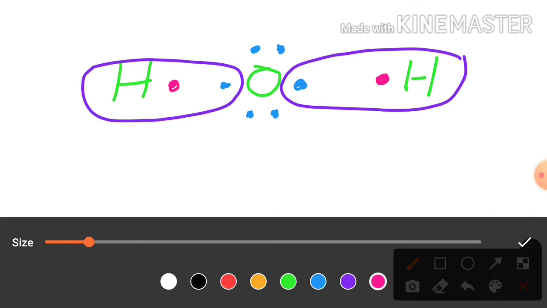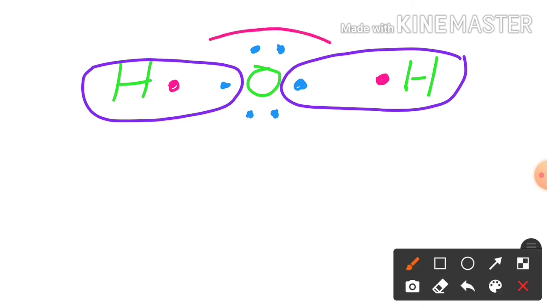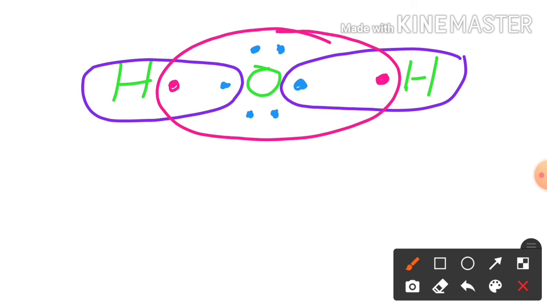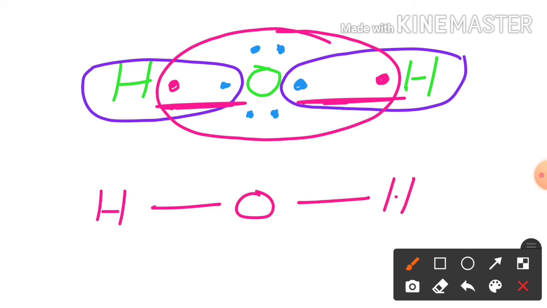So now this oxygen also takes these 2 electrons from 2 hydrogens. This is one shared pair of electrons, and this is another shared pair of electrons. So H, single bond, O, single bond, H, and in the oxygen, 1 pair of electrons here and 1 pair of electrons here. So that is the complete electronic structure of the water molecule.